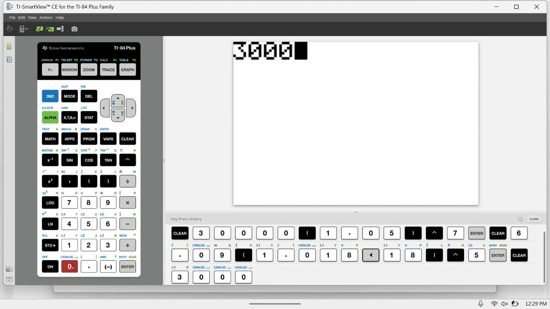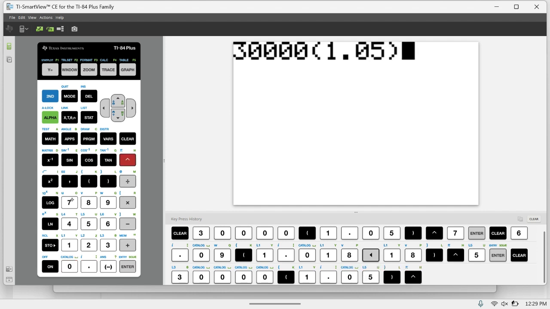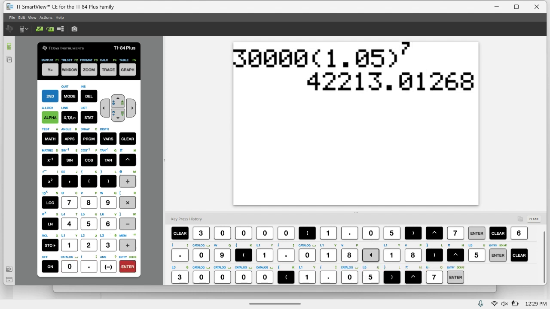So 30,000 times 1.05 raised to the 7th power. Now, if we're talking money, what would be a reasonable place to round to? Not the tenths, the hundredths.